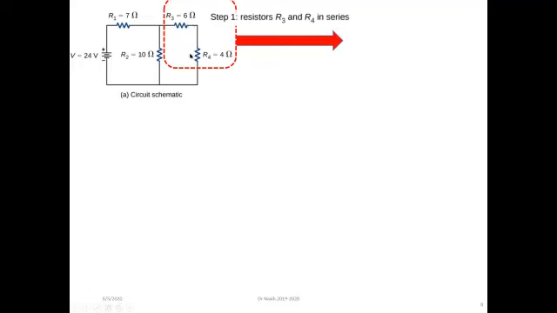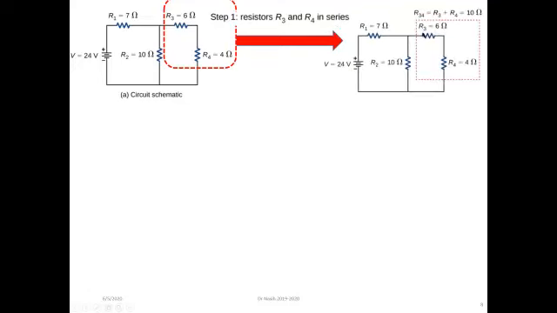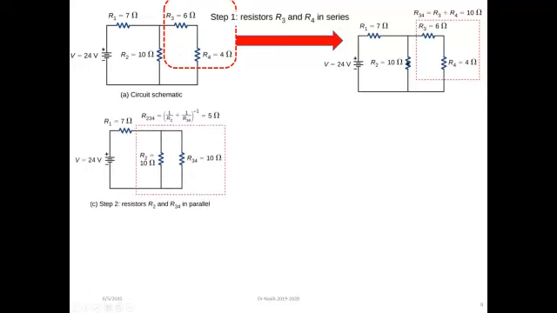So using the formula for series, we can add both resistances together. The result will be 10. And the result of these two will be in parallel with this one, which is R2.